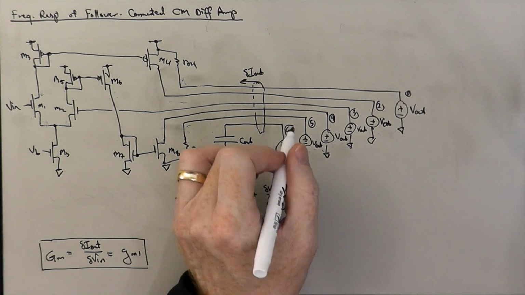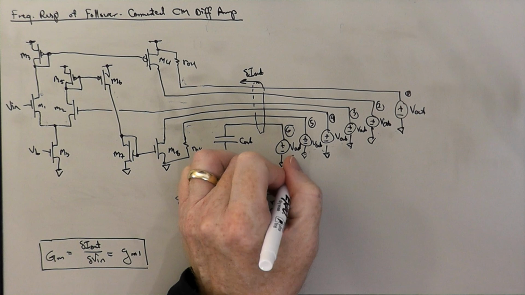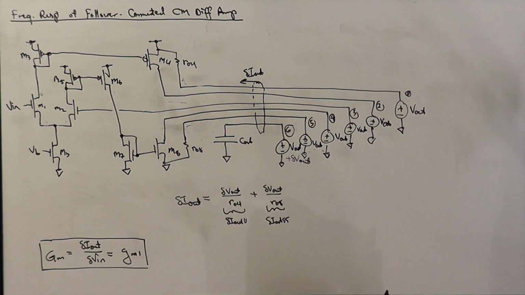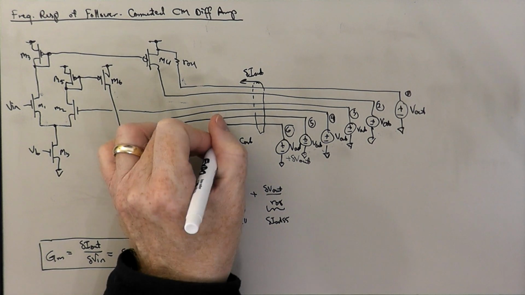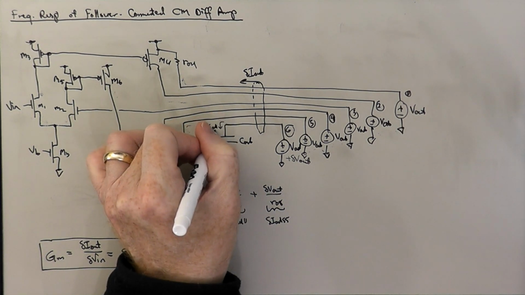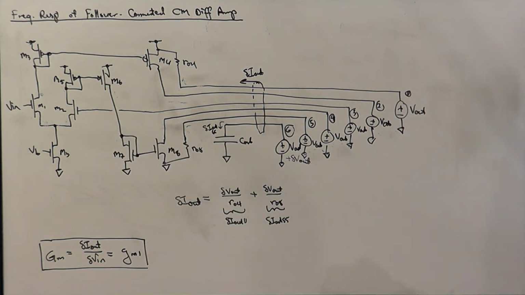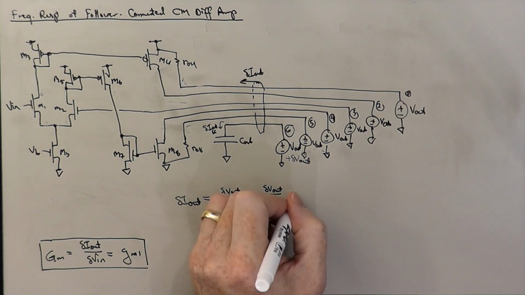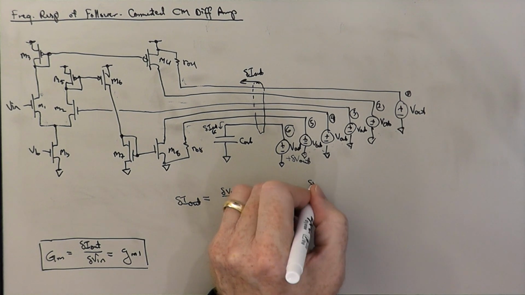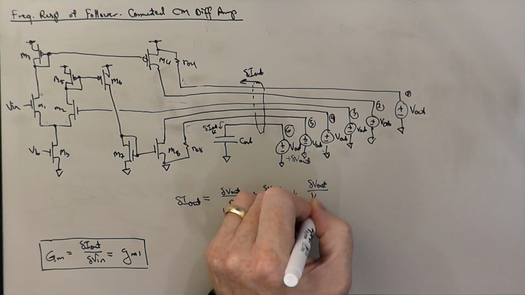And now we move on to branch 6, put our delta V out here. And now we're talking to a capacitor. And so there's going to be a current flow in the capacitor, delta I out 6.6, which is going to be given by delta V out over the impedance of the capacitor, which is 1 over j omega C. And so that's going to be delta V out over 1 over j omega C out.